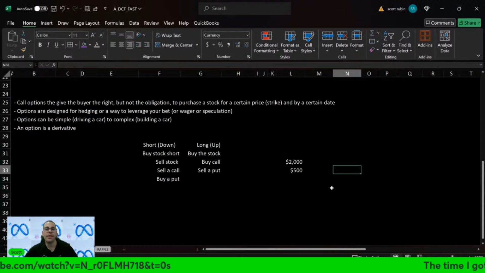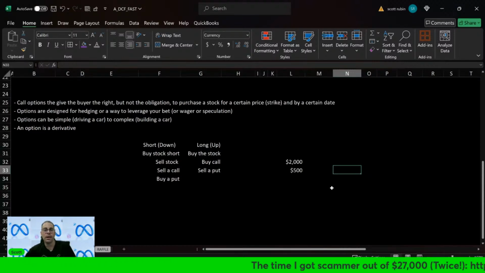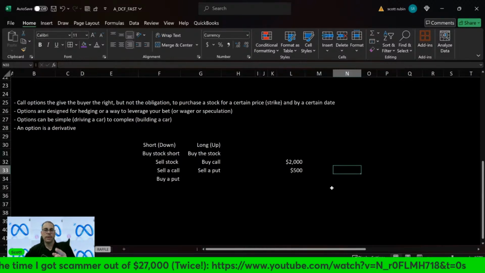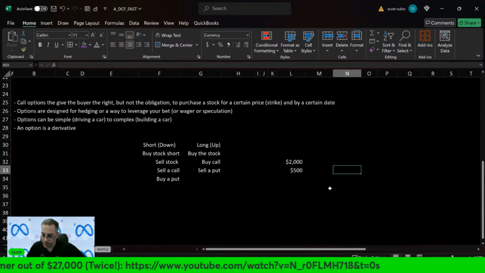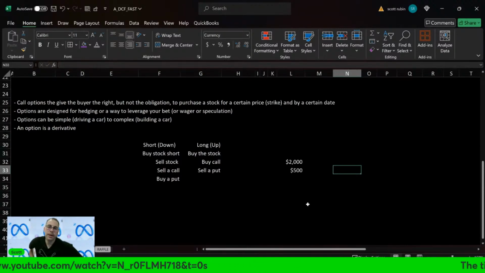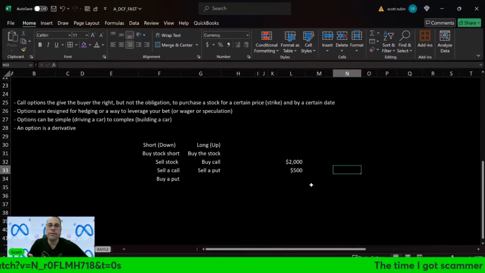If they own 10,000 shares of a stock, even if the stock is $1, they feel like they own a lot of the company, even though it's the same exact thing as owning one share of a stock where this one share costs $10,000. It's just psychologically people like it better because it's cheaper, but there's no fundamental benefit.